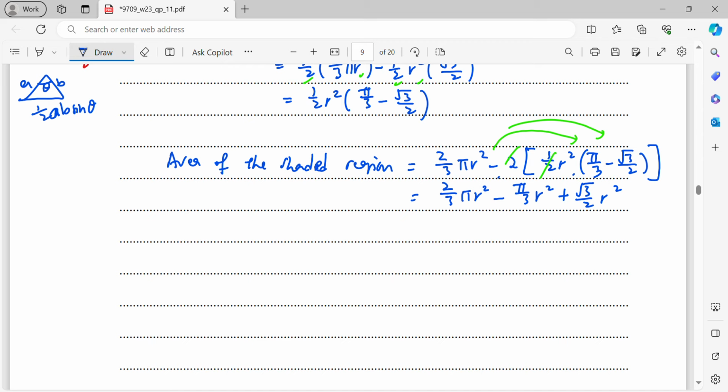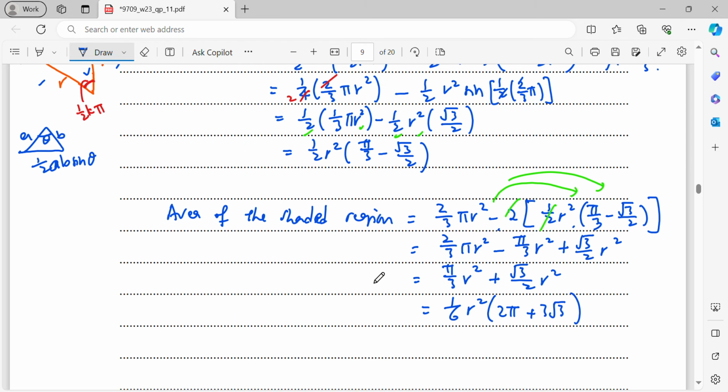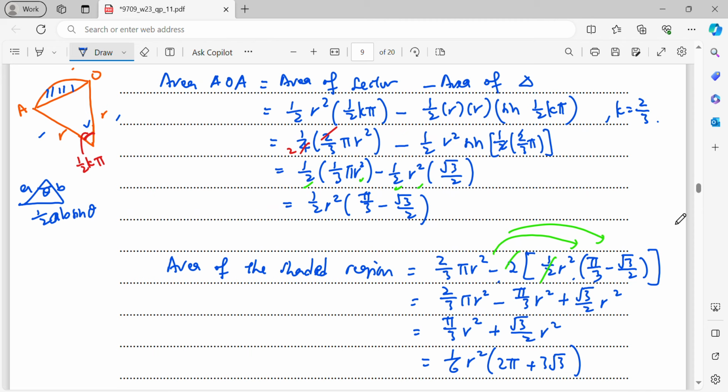The first and second term can be simplified: 2 over 3 pi r squared minus 1 over 3 pi r squared gives pi over 3 r squared, then plus root 3 over 2 r squared. From here, I will factorize 1 over 6 r squared, so you get 2 pi plus 3 square root 3. This is the area of the shaded region.